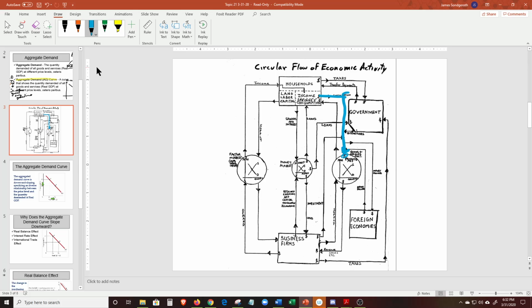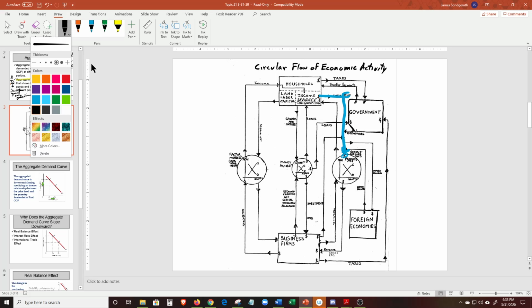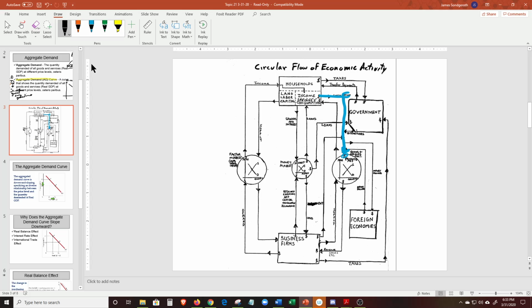Let's call this C. Let's call investment, it's right here, comes from business firms and goes up and joins with consumption. And so let's call this investment spending. The flow is like this.